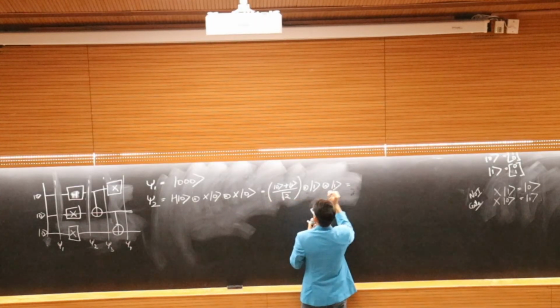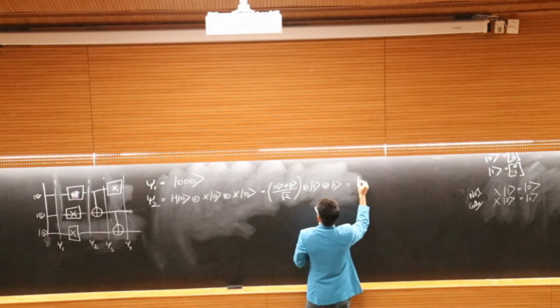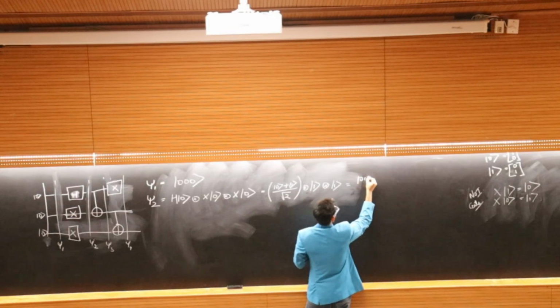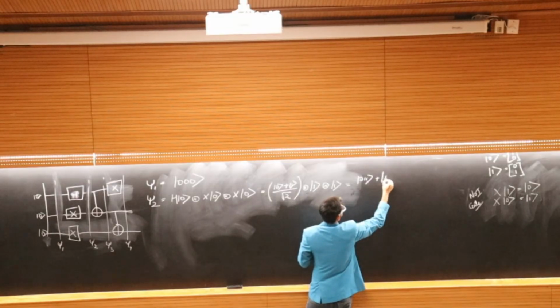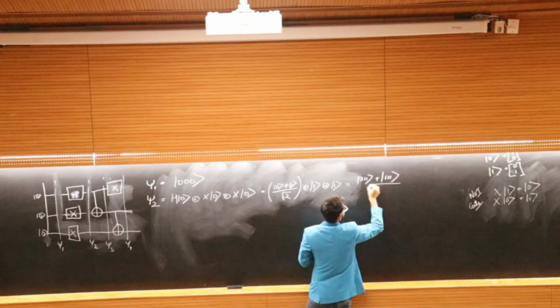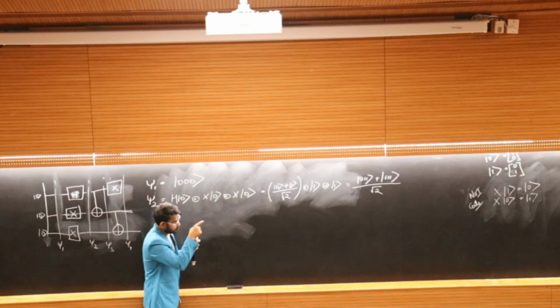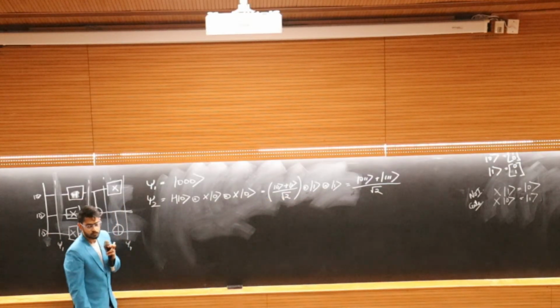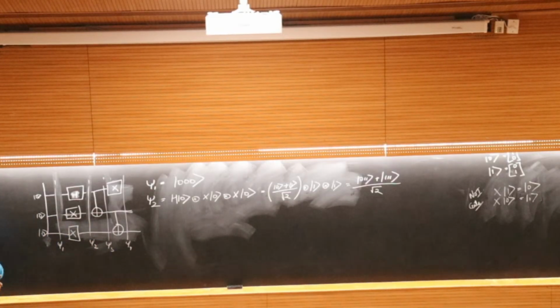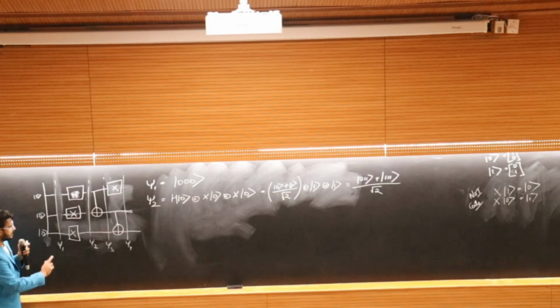So if you write it inside, it will be 0, 1, 1 plus 1, 1, 1. So this is your psi 2. Any doubts?